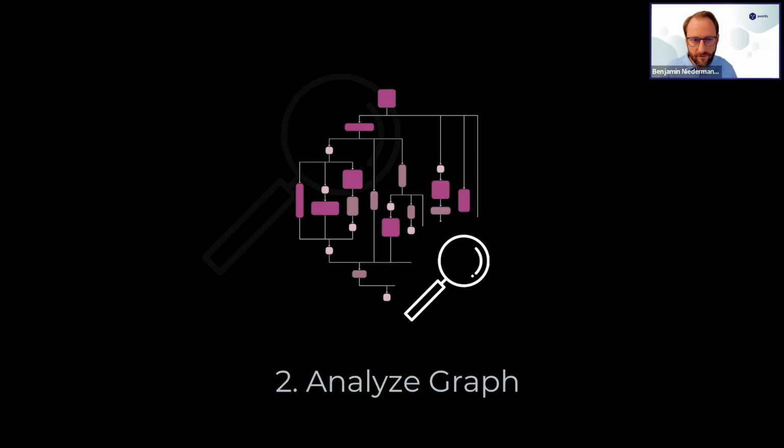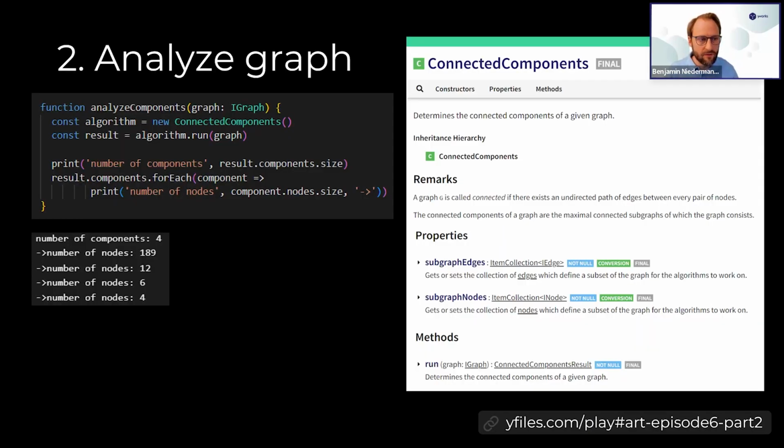So this was the first step. Now I would like to show how to analyze the graph, and here I would like to show a typical pattern of how this is done in yFiles. The typical pattern is that you are given a class that represents the analysis algorithm that you would like to apply. In our use case, the connected components algorithm.